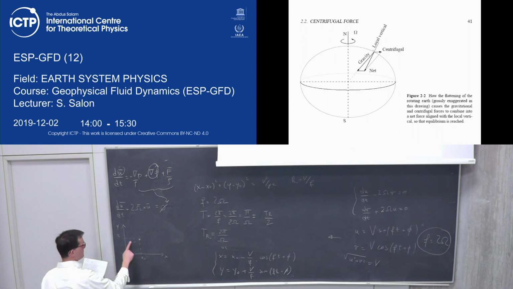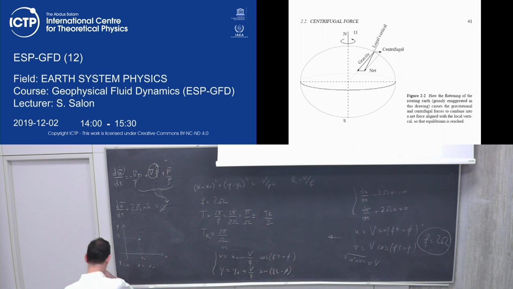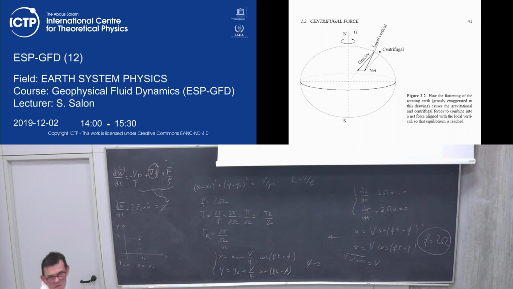So when I am at t equal to 0, I have that x will be x0, then this is 0. Let's take phi equal to 0. Okay, so the phase is an integration constant, so we are quite free to choose its value.